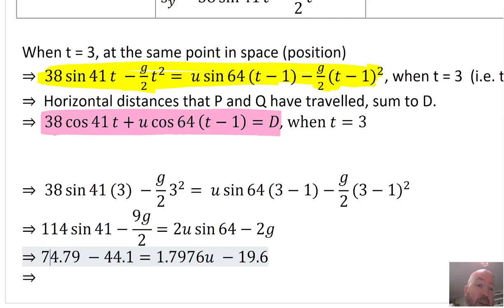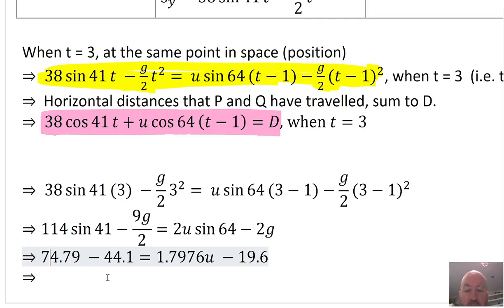The reason I could spot the mistake was that sin 41 I know is close to sin 45, which is 1 over root 2, which is multiplying by 0.7. So I knew it should have been a good chunk of 114, not a tenth of it.